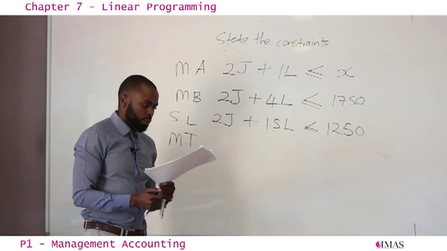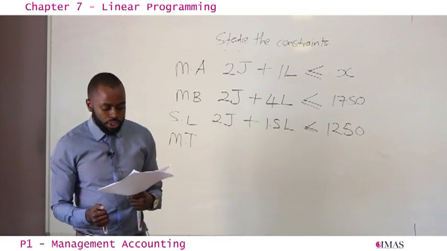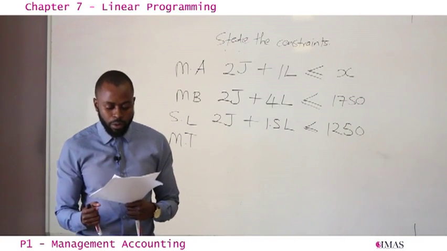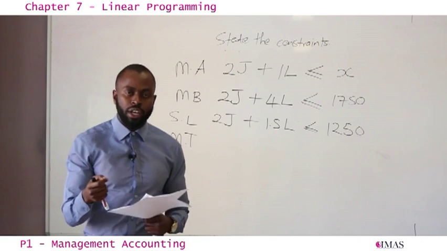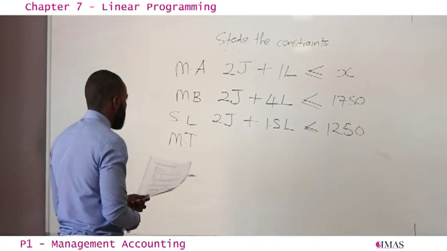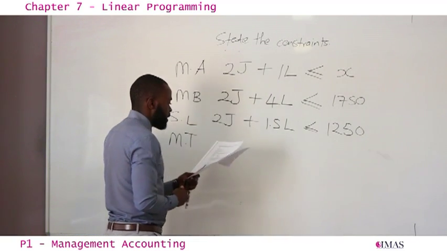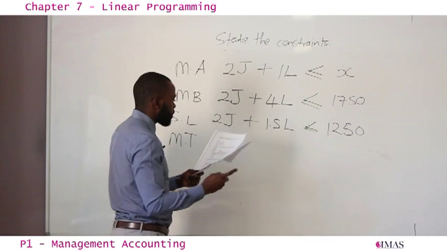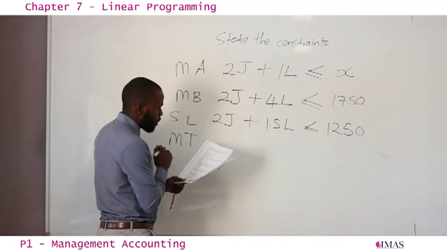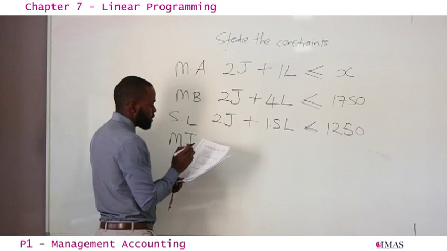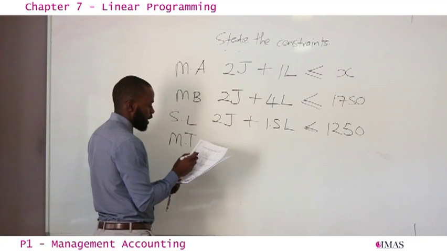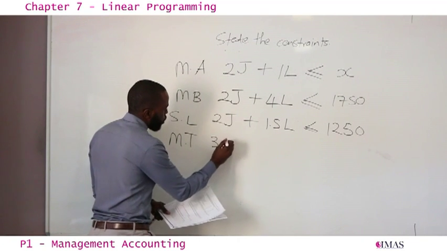And we go to the last one, which is machine time. So in machine time, if you go to variable overheads, our variable overheads are $4 per machine hour. So we can use that to get our machine time. So for J, we're spending $14 on variable overhead, and each machine hour costs us $4 per hour. So we say 14 divided by 4 is 3.5.